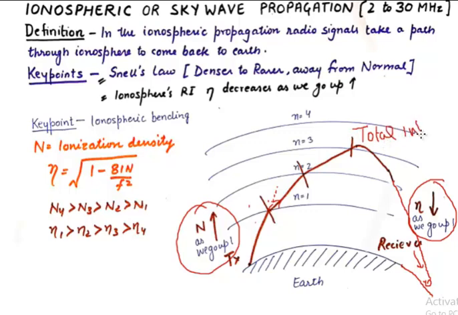And we see that while we come back in the reverse path, it again moves towards the normal, which is expected as we go from rarer to denser. So we are moving towards the normal, and finally that will help in the return of the wave to the receiver.